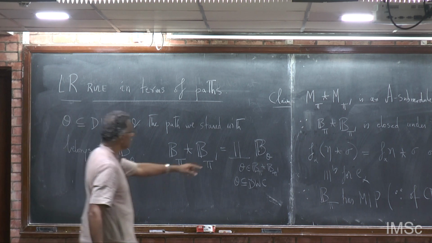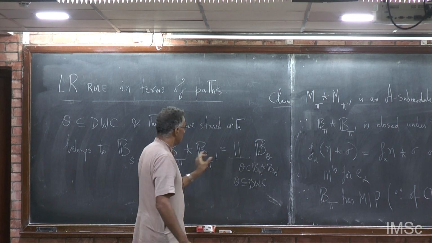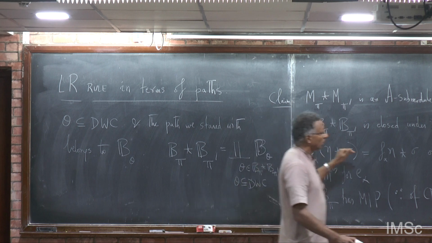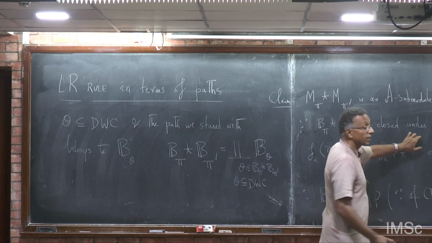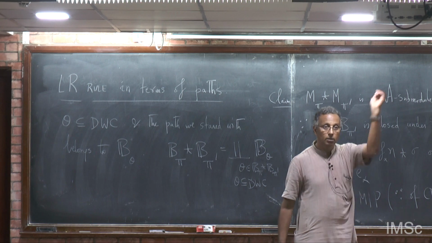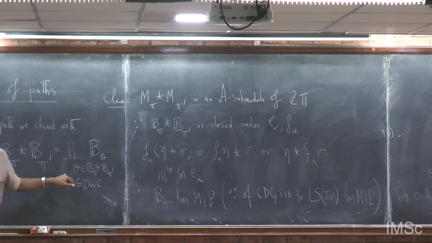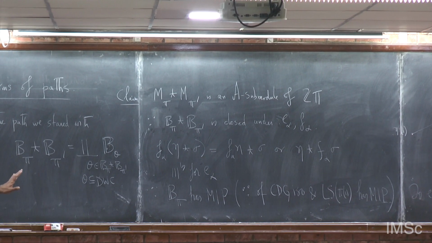Now I can write B theta here because this is closed under E alpha, F alpha. So once theta is there, all the things are there. Correct? Do you agree with this? Okay? Yes.